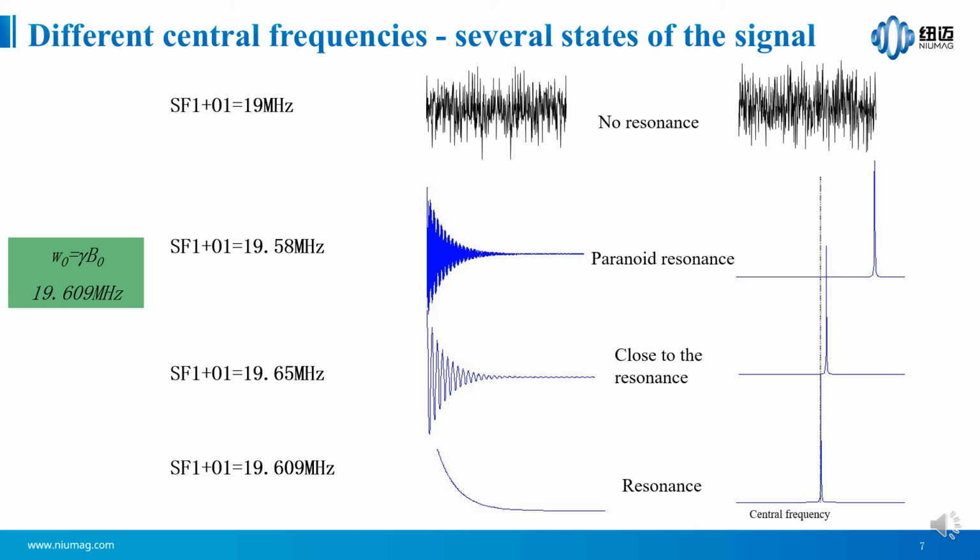In this case, we can pick up the signal, but it oscillates at a higher frequency. And by Fourier transform, it deviates from the center frequency. When we modify it again, make it closer to the resonance until you end up at the Larmor frequency, there is no oscillation, and then we will see how that works when we do the experiment.